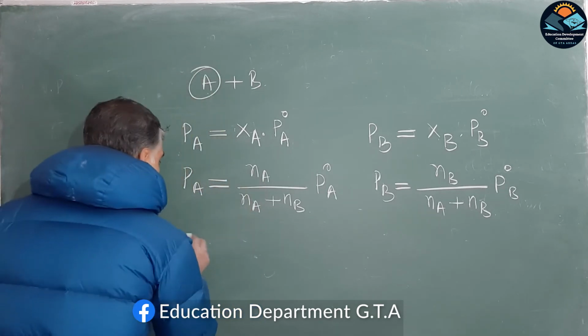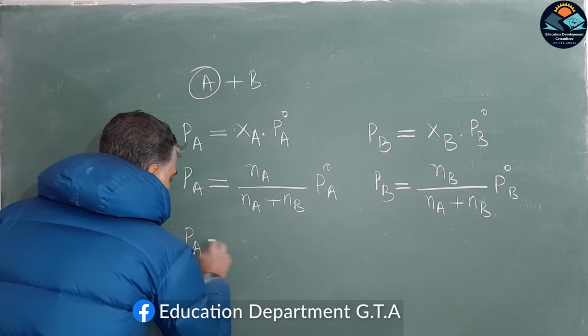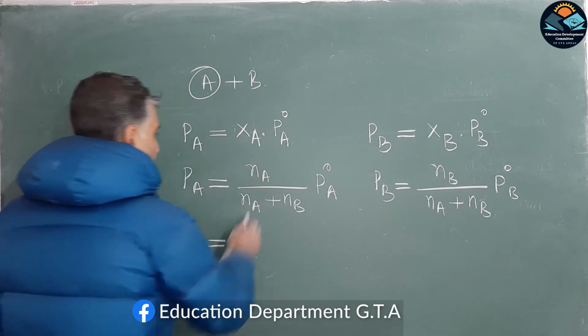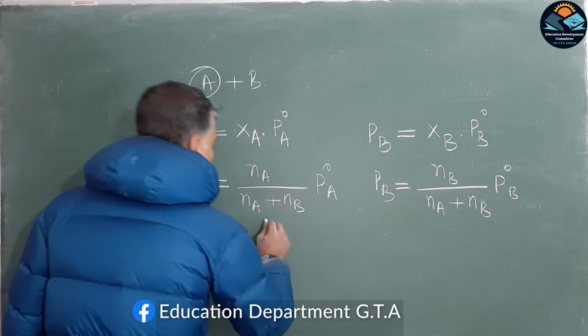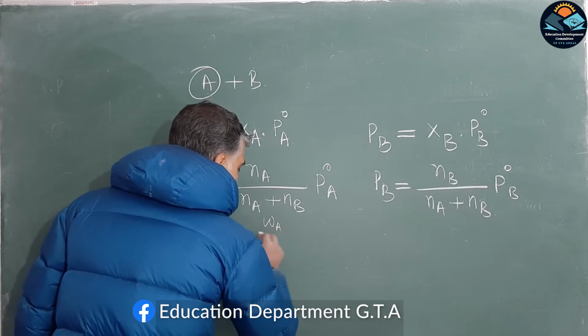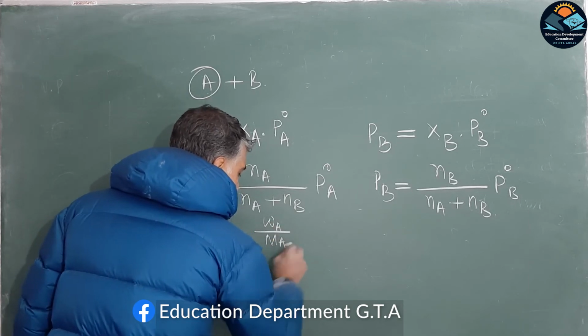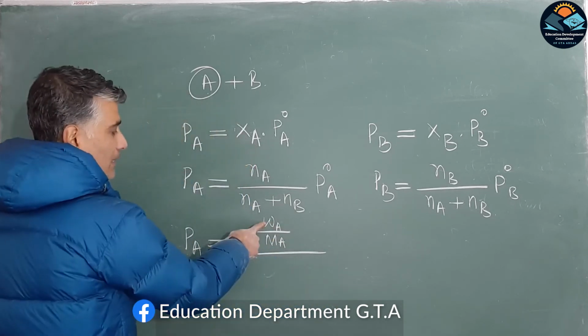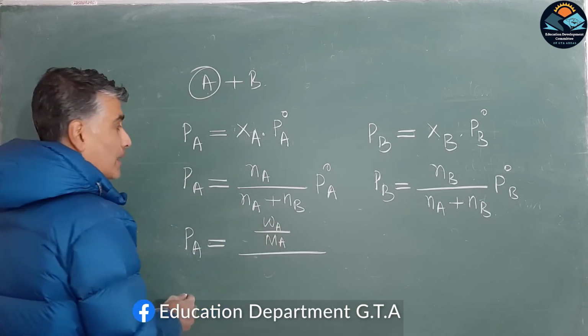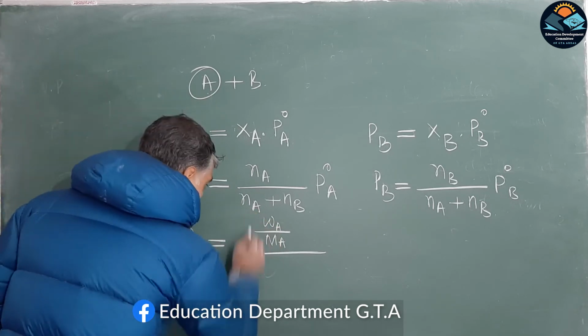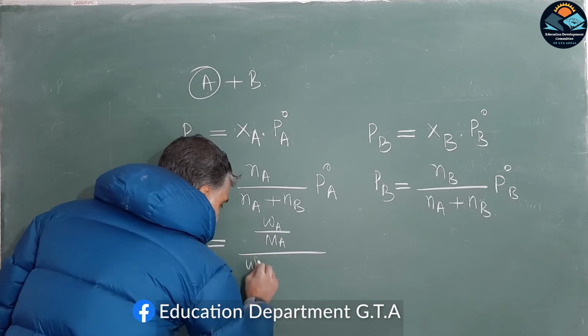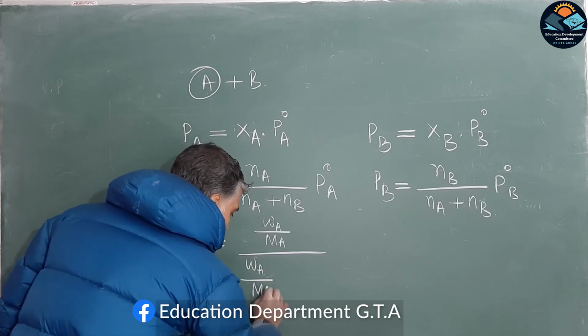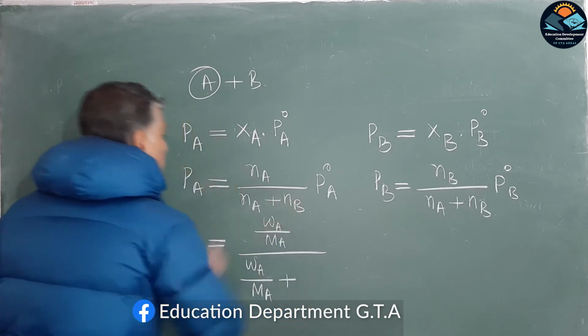So when the number of moles are also not given, what you can do is expand this formula further. The number of moles of A is the mass of A divided by the molecular mass of A. Is that right? Mass of anything in grams divided by its own molecular mass gives the number of moles. So this is the number of moles of A, which is the mass of A divided by the molecular mass of A. What's the number of moles of B?